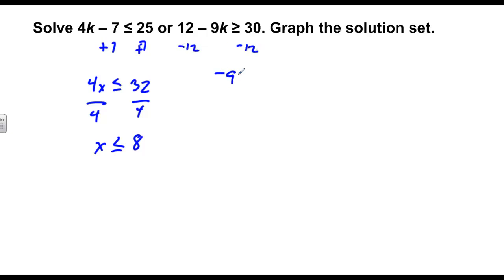I get negative 9x is greater than or equal to 18, and divide by negative 9 on both sides. I get x, switch the inequality or reverse the direction because I'm dividing by a negative, is less than or equal to negative 2.